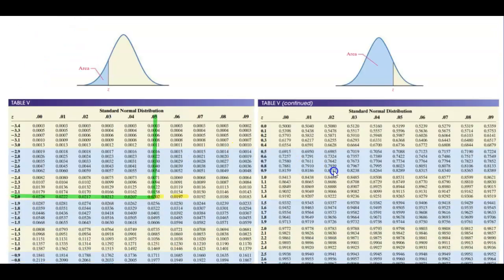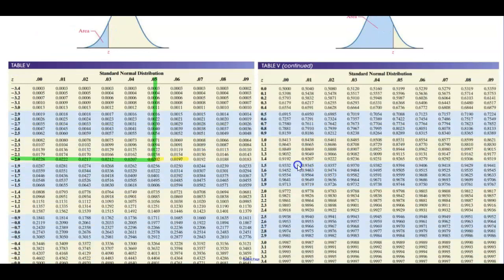So we're going to come down here and look for 0.98. Here's 0.98, so it's in between those two numbers. Let's highlight those.